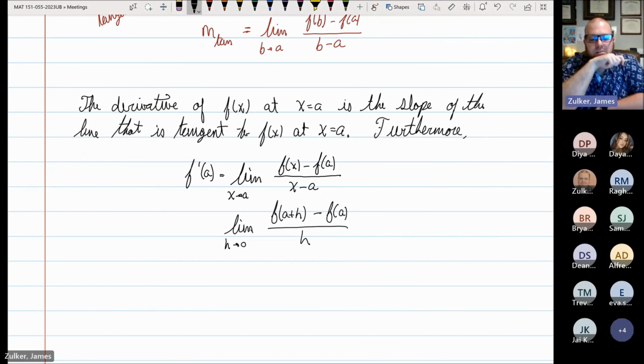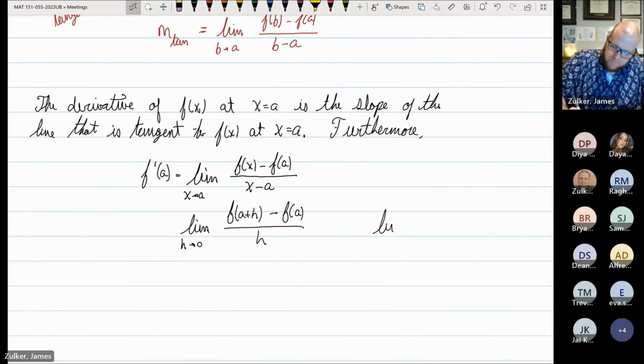You may also see, instead of an h, a delta x.